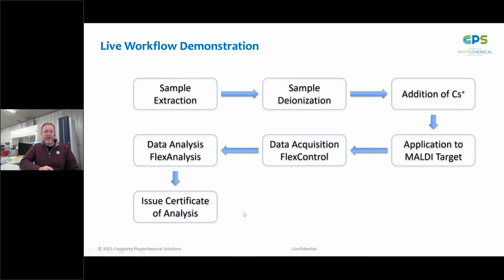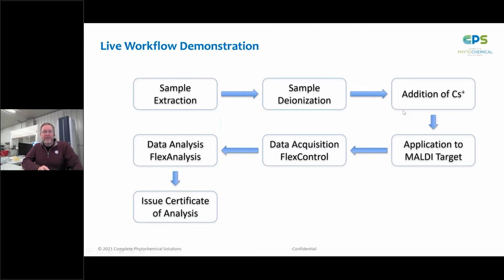So now I want to talk a little bit about the workflow that I'm going to demonstrate. And this is really quite simple and straightforward. When we receive a sample, we have to solubilize that, get it into solution. We then deionize that sample with a cation exchange resin. We add our cesium.